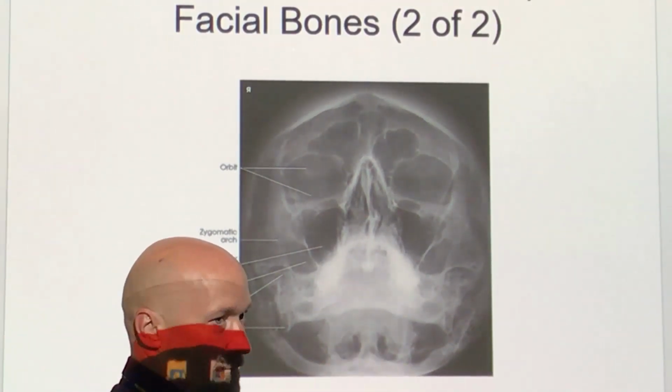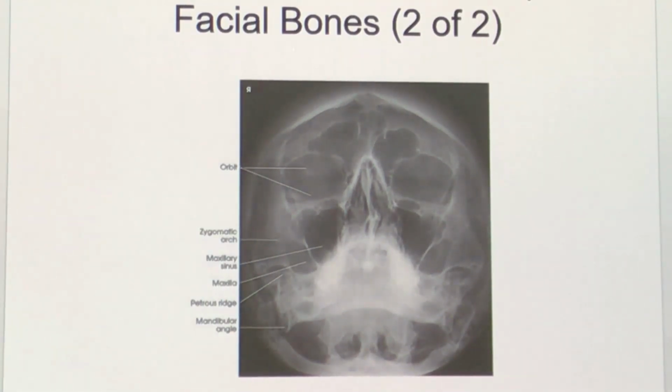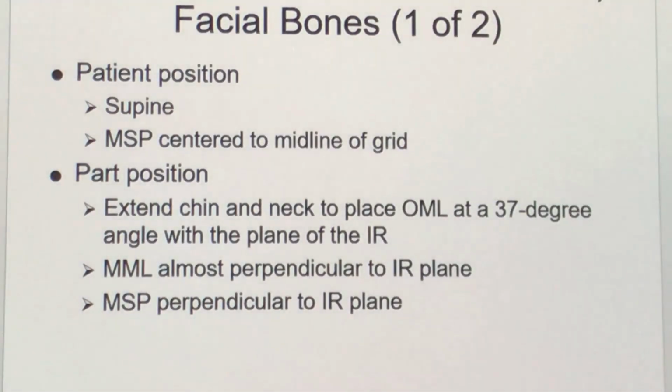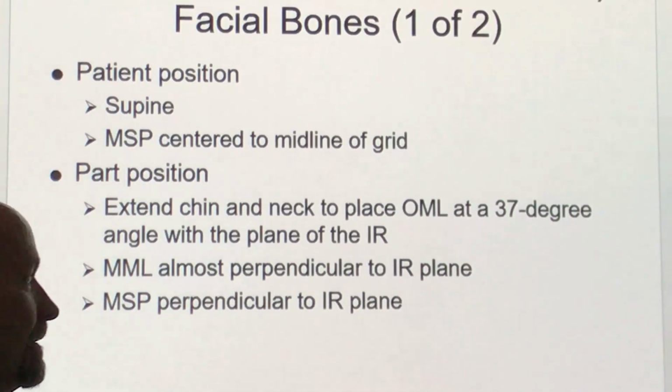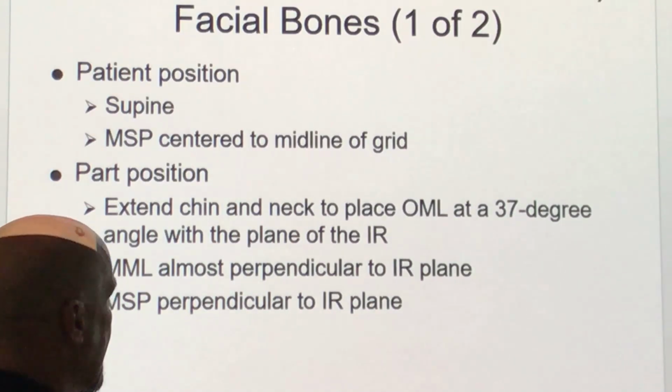And you can also see the dens as well. All right. So reverse Waters, you're trying to accomplish the exact same thing. If your patient's on the backboard but they're out of the collar, then you can extend the chin and perform the exact same thing.